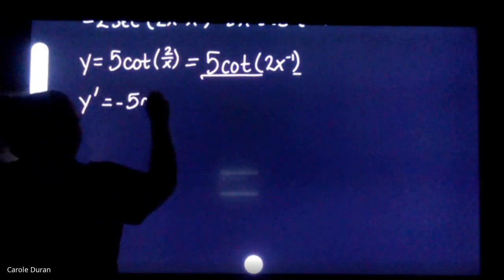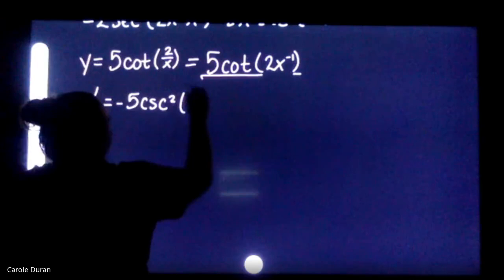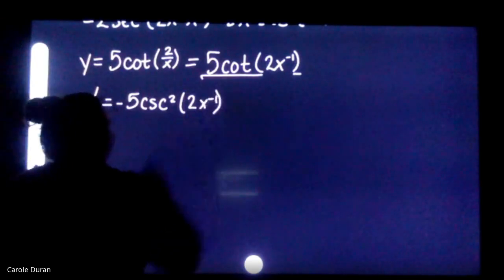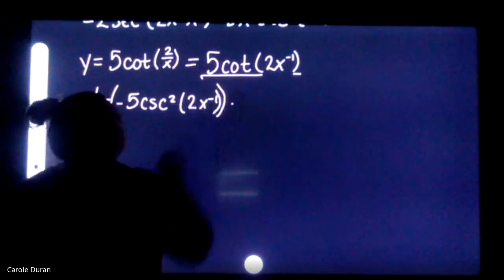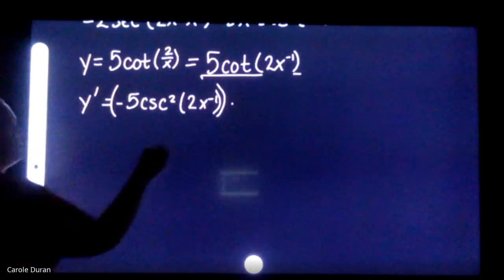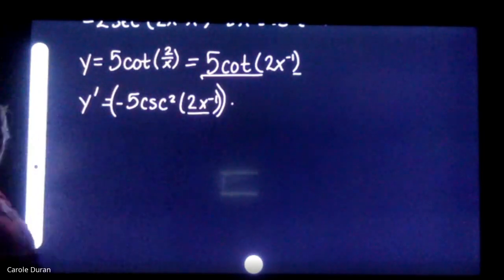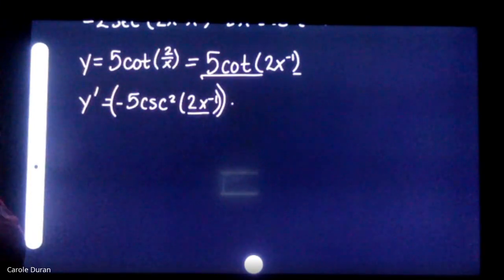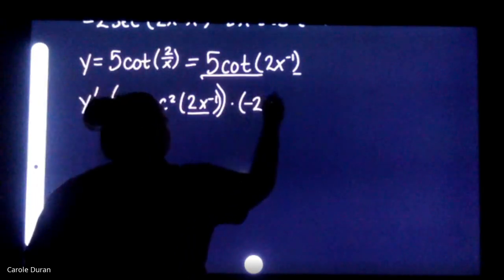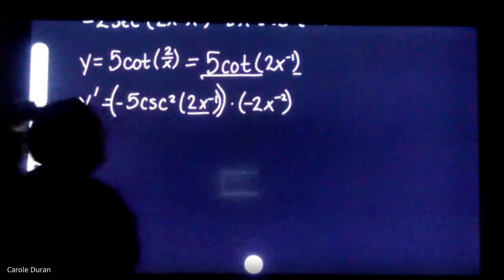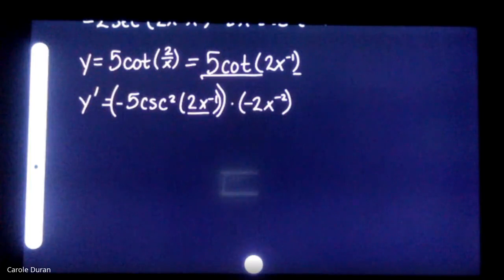So this is -5 cosecant squared of everything that was originally inside the parentheses times the derivative of what's inside. So what's the derivative of 2x to the negative 1? Power rule, bring the negative 1 down and it becomes a negative 2x, and then we decrease it by 1, so our exponent becomes a negative 2.